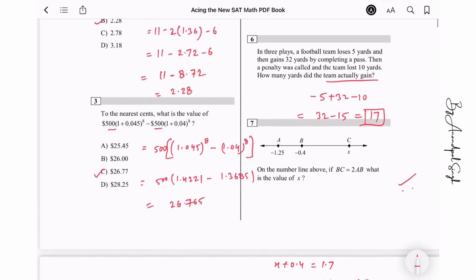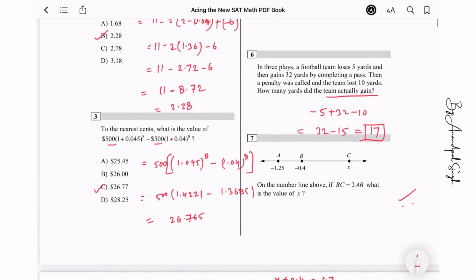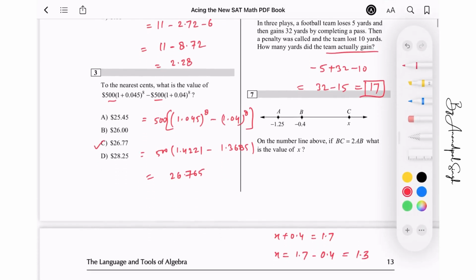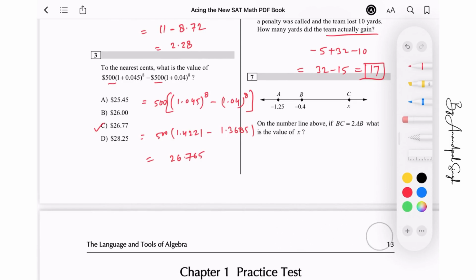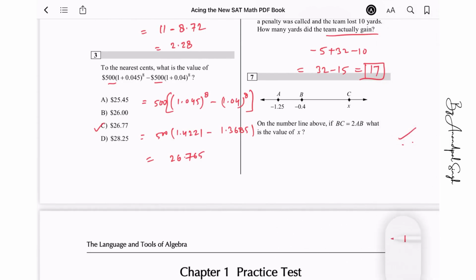And now in the last question we have, let me rub this before solving it. Okay. Now here we are given that BC is twice of AB. What is BC? It is coordinate of C minus coordinate of B. So it is x plus 0.4, and here coordinate of B minus coordinate of A will give you 0.85.